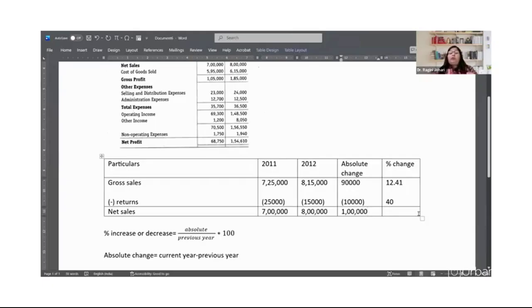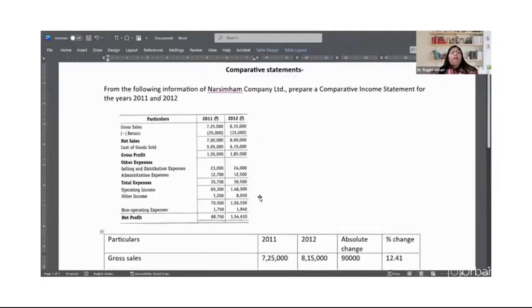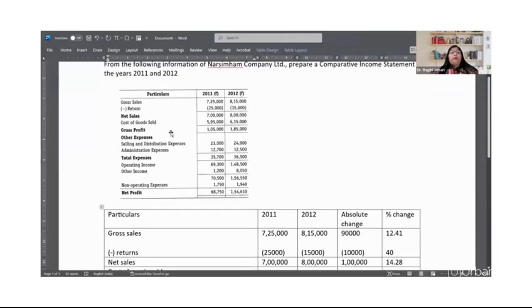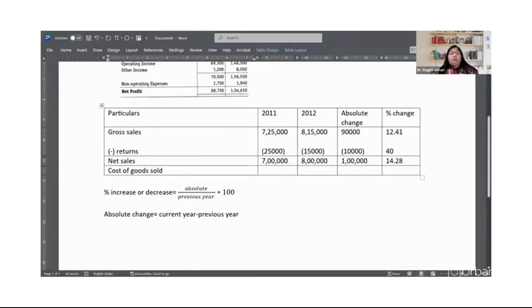That is why this is horizontal analysis. Now, 1 lakh divided by 7 lakh multiplied by 100 comes to 14.28. Then we have cost of goods sold: 5,95,000 and 6,15,000.